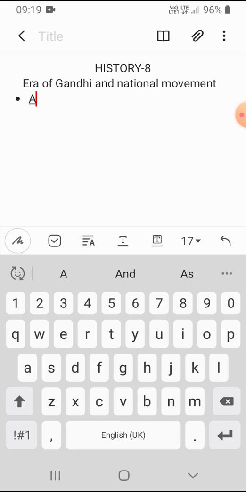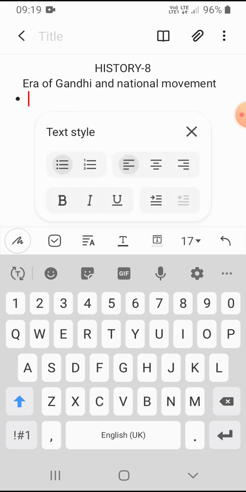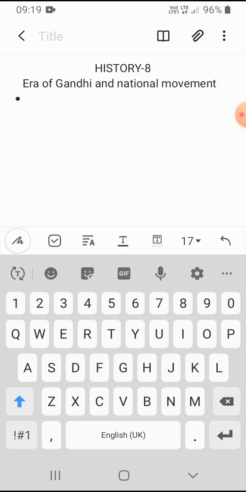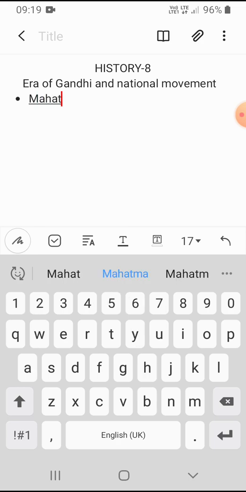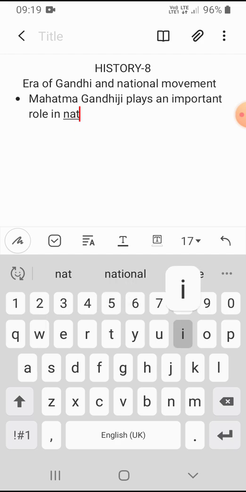Mahatma Gandhi plays an important role in national movements.